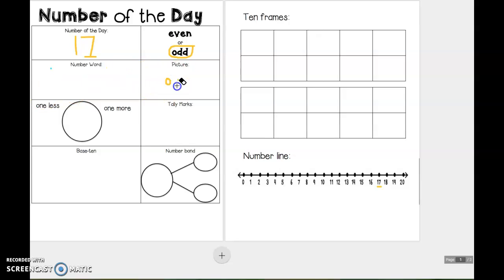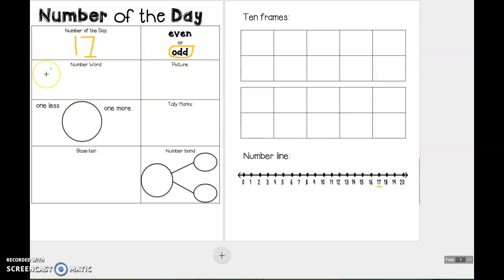All right, next we want to write the number word. So let's stretch out the word. 17. I hear two words. I hear 7 and teen.